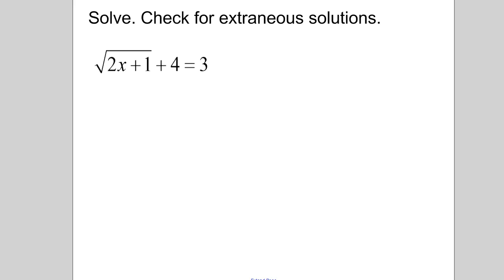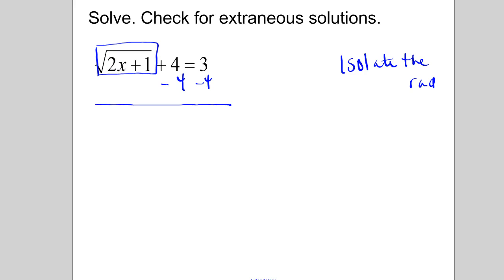I think we learned this on Wednesday. My first thing is I need to isolate the radical. So how do I isolate the radical? I'm going to subtract 4 from each side. So I get radical 2x plus 1 is equal to negative 1.